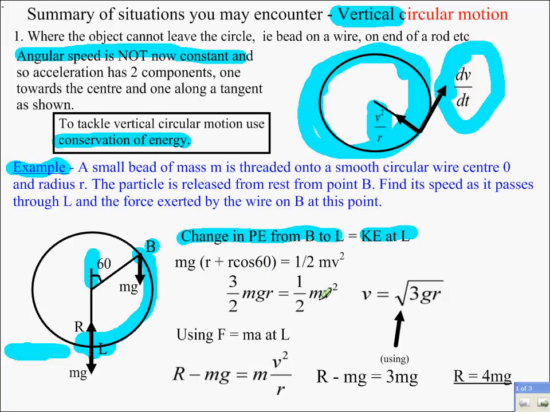So work that out, rearrange it, and you get the velocity as root 3gr.